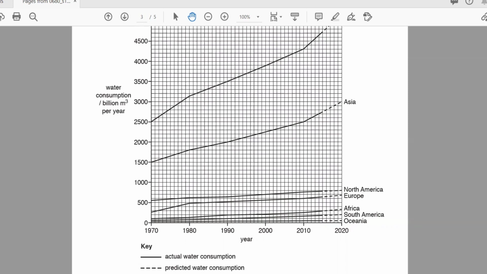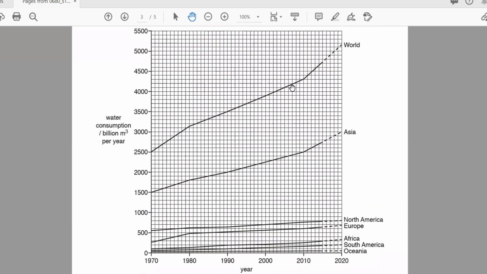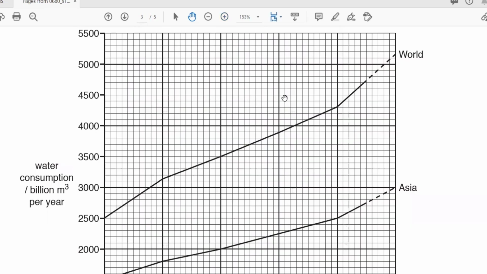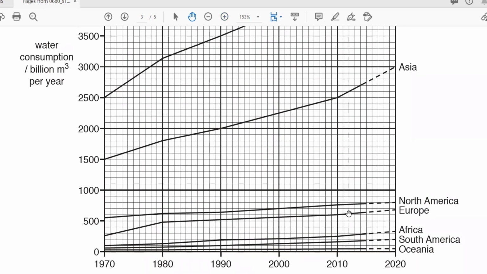State the water consumption in Europe in 2010. What was the water consumption there? Yes. 600 billion cubic meters per year. If you enlarge it in the exam, you will put a scale here, and according to the scale, you will move to this side.